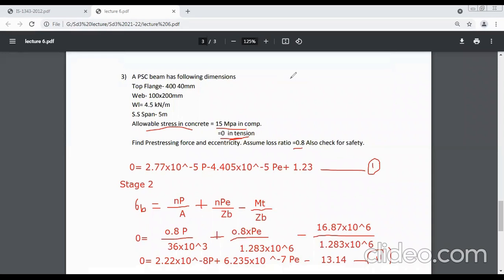Does anybody know? Solve this quadratic equation, you will get the P and PE values. Tell me these P and PE values.